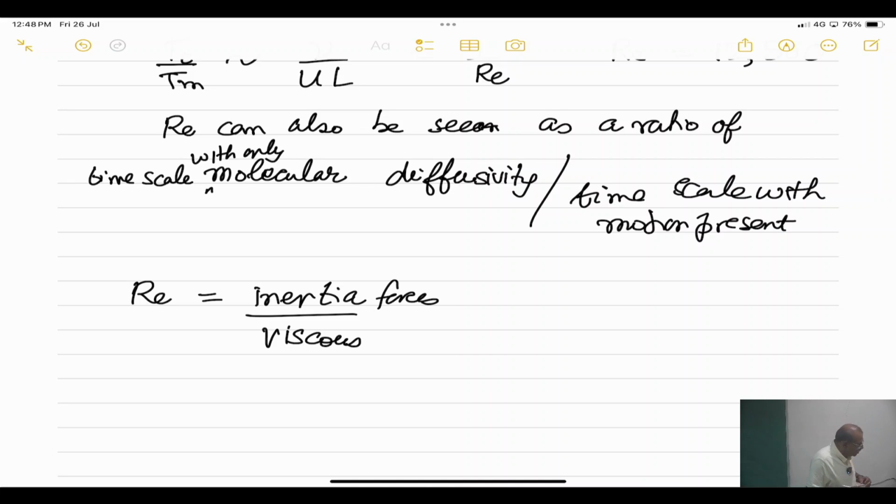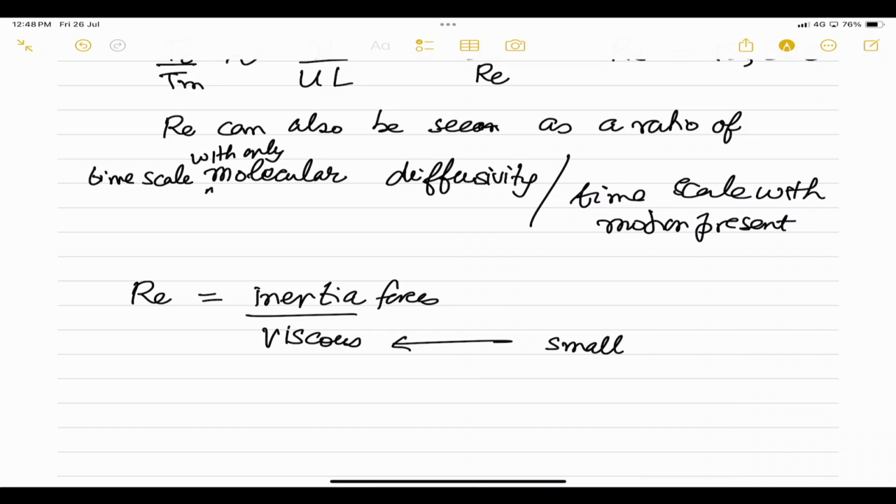But the reason why we would not like to use this in turbulence is that viscous forces, as we will discuss later, act at very small length scales.